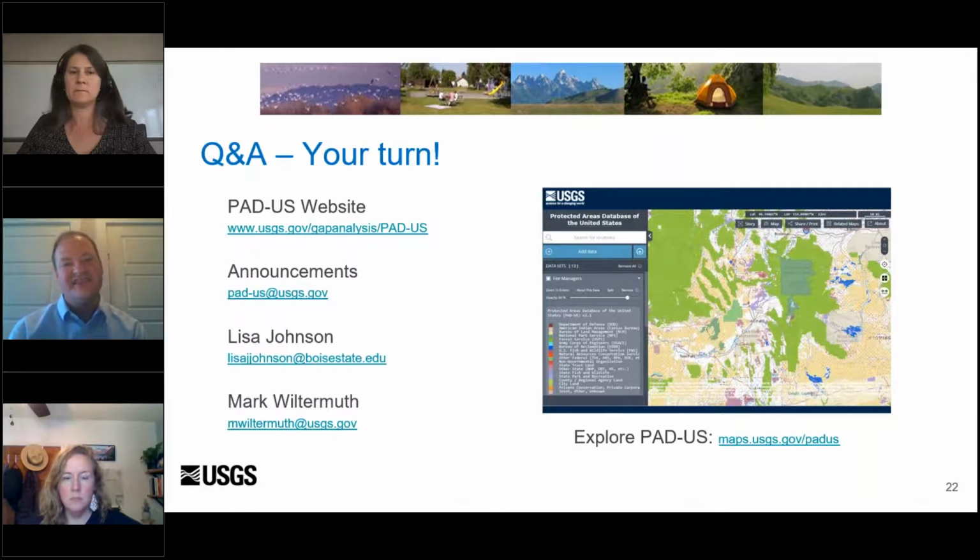Then there was 18% of the multi-use lands, right? So one of the key distinctions here is, as we talk about protected areas, and especially that 12% number, that is GAP 1 and 2 that have that permanent protection with the primary intent for biodiversity management.